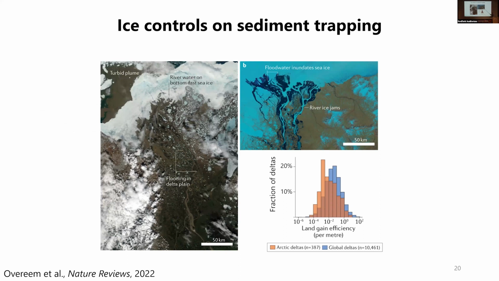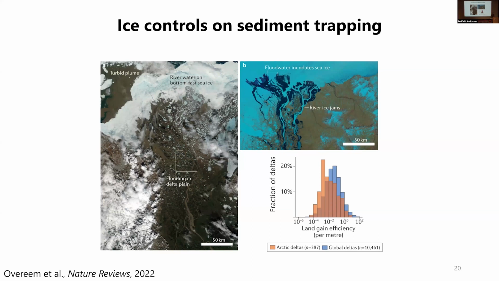So this is another example of that. When you have flooding in spring, there's still a lot of ice, and the floodwater never really makes it to the coast, but instead either moves over the ice and disappears into cracks in the sea ice, or it moves under the ice. In general, what we see is that in terms of land gain efficiency, how much bang for your buck you get for your delta, how much land you can gain for a given amount of sediment, Arctic deltas are going to be much less efficient than other temperate deltas.